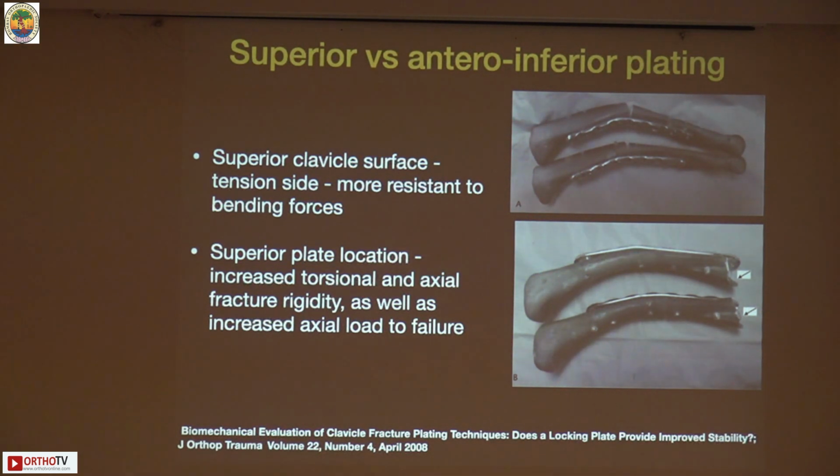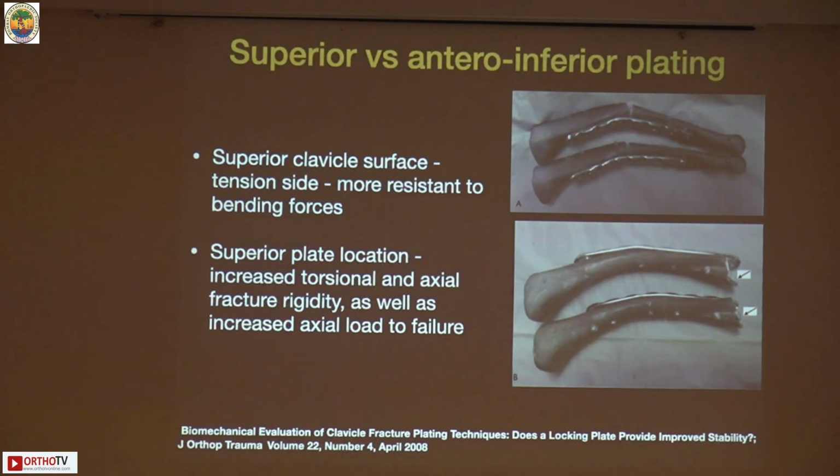Now superior versus inferior plates. The superior clavicle surface, being the tension side, is more resistant to bending forces depending on bone-to-bone contact and comminution. As the distal fragment is bent inferiorly, the fracture opens and the inferior plate is loaded in bending.